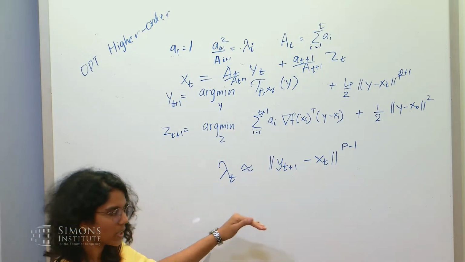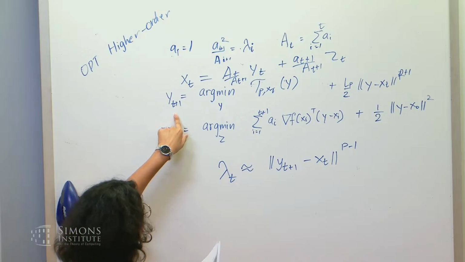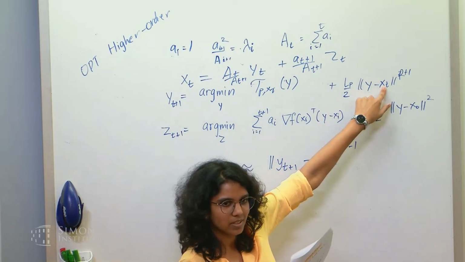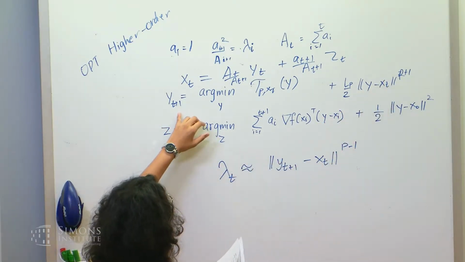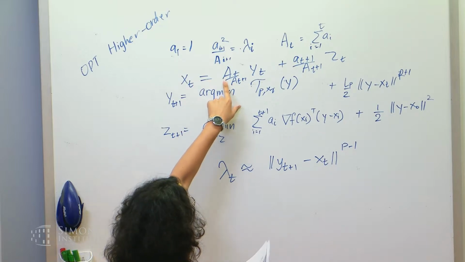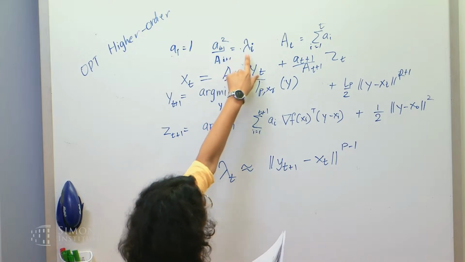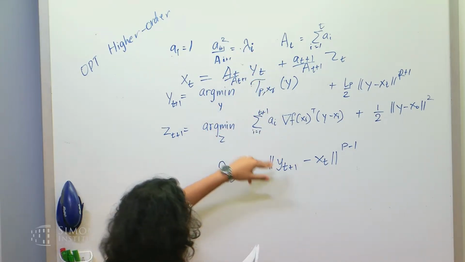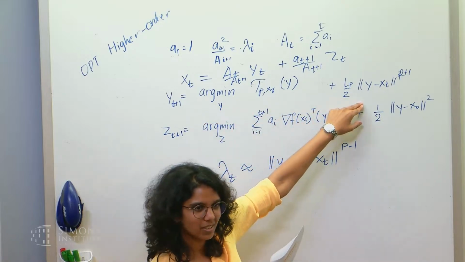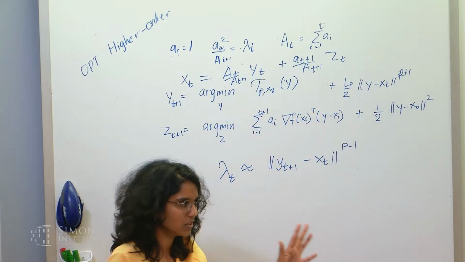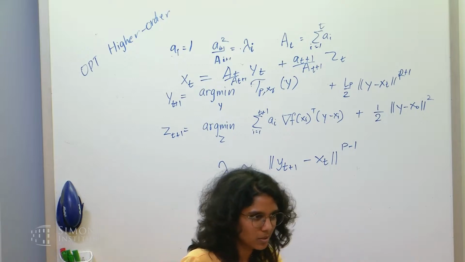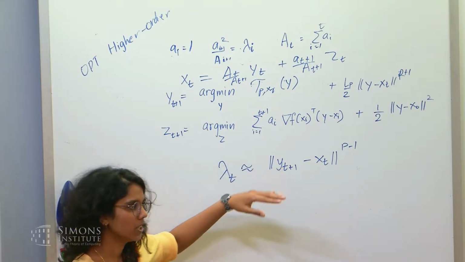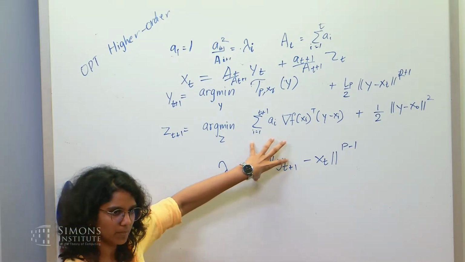So if you first look at the algorithm, you see that y_t plus 1 depends on x_t. Or before that, x_t depends on a_t, and a_t and a_t plus 1 depend on lambda_i. Lambda_i depends on y_t, which depends on x_t. So it's kind of like a circular algorithm, and you may ask, how do we handle this? But suppose you knew what lambda t was.